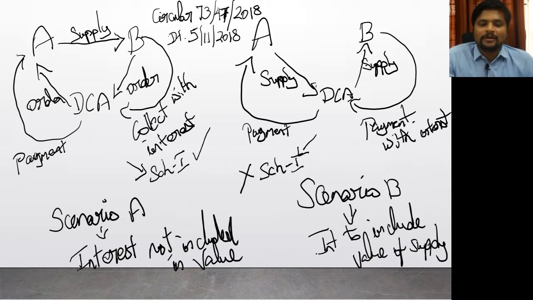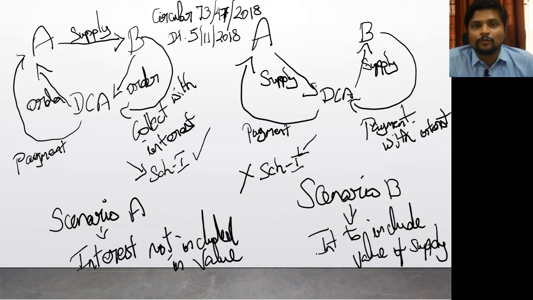You can understand these provisions in a simple way. If the goods are supplied based on the order of the agent, the goods are supplied directly by the supplier to the recipient of supply, and the invoice is made by the supplier directly on the recipient, if these two conditions are there, then the interest for the credit extended by the agent will be termed a separate supply, and it will not be included in the valuation.